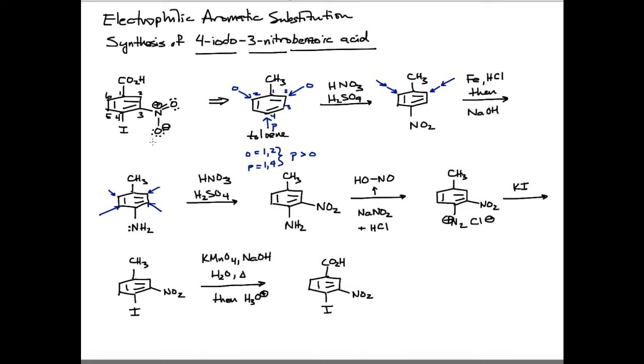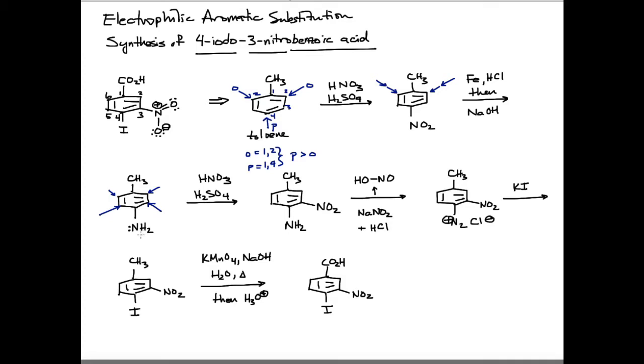So this has been a review of electrophilic aromatic substitution, so specifically the synthesis of 4-iodo-3-nitrobenzoic acid, in which we started with toluene. We installed a nitro group para to the methyl group. We then reduced the nitro to the amino, and that basically switched the directing group ability of the nitrogen.